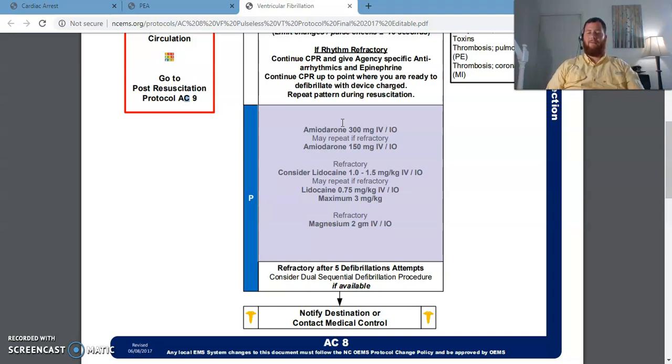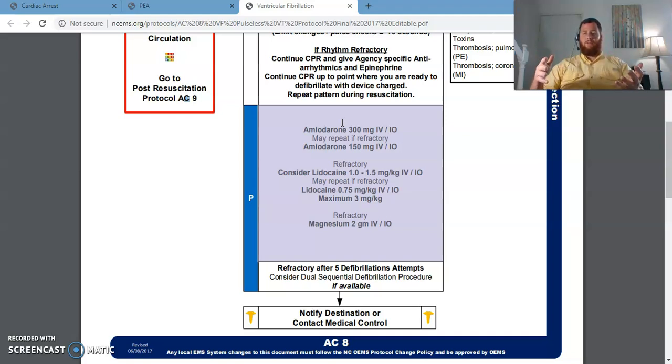After 3 to 5 minutes, so the next medication administration time, I'm also going to give my epi 1 milligram. I can repeat my amiodarone dose, but it's going to be half the actual dosage, so it's 150. So I can give epi and amiodarone together, 1 milligram of epi, 300 milligrams of amiodarone. Then on the next rhythm check, I don't give any medications because that's just 2 minutes, right?